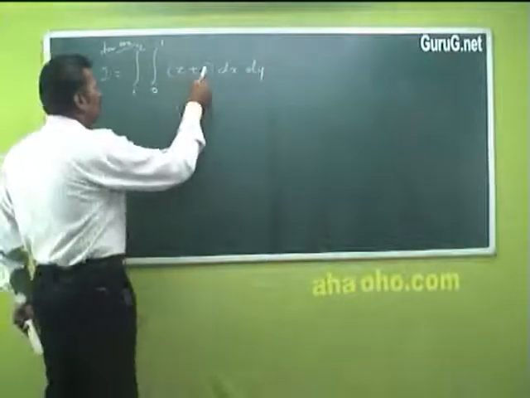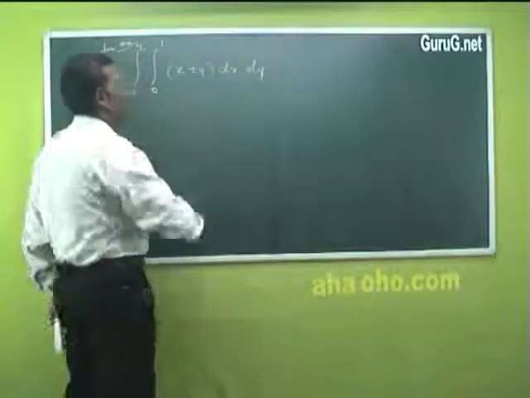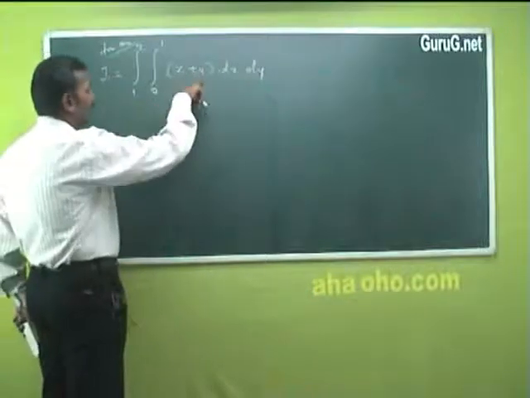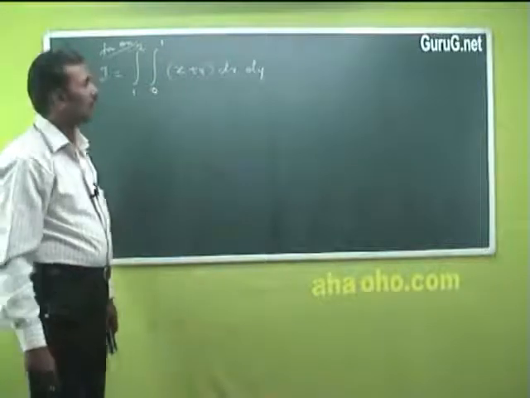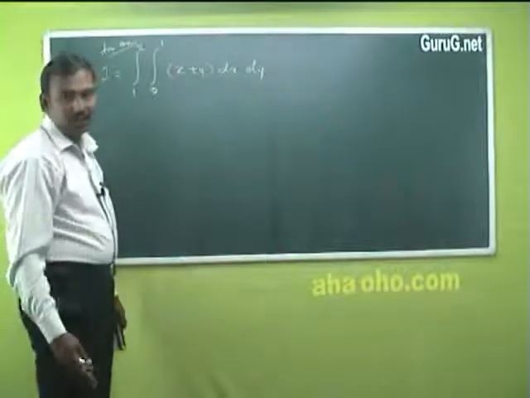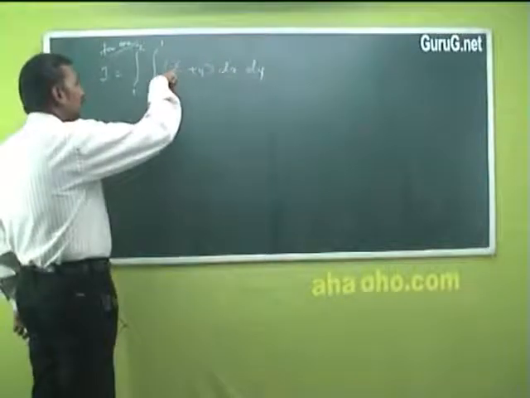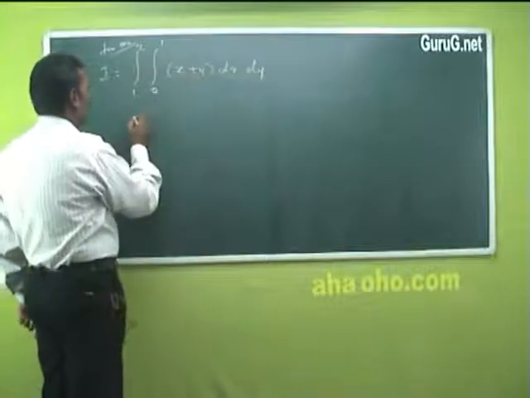First we have to integrate, see the order. Here the order is dx dy. So we have to integrate this integrand with respect to x, keeping y as constant, just like partial differentiation. In partial differentiation, when we differentiate with respect to x, we keep y as a constant. Similarly, in the multiple integral, with respect to x, keeping y as constant.